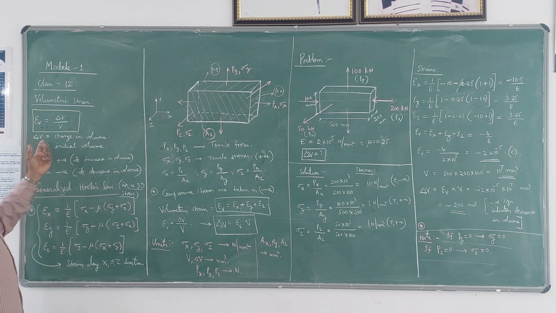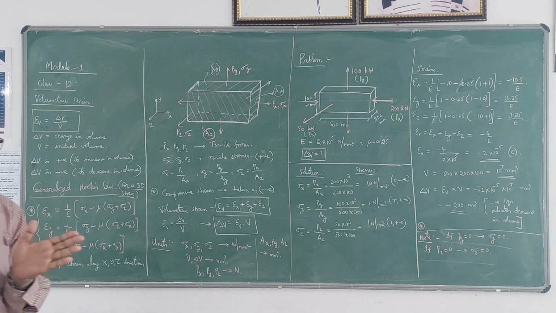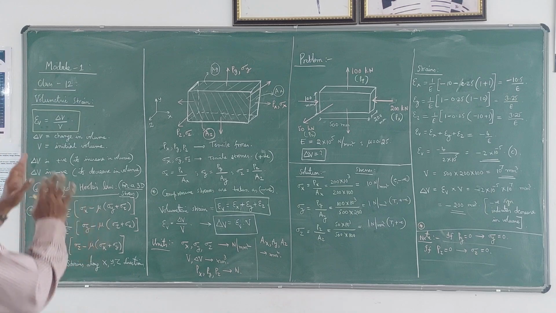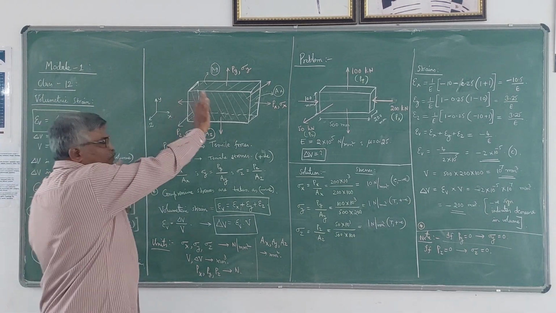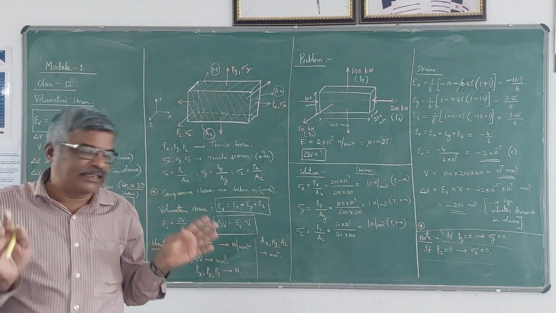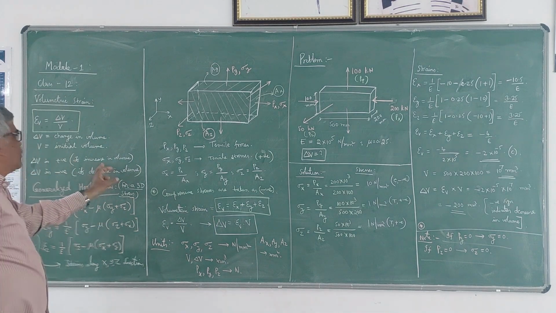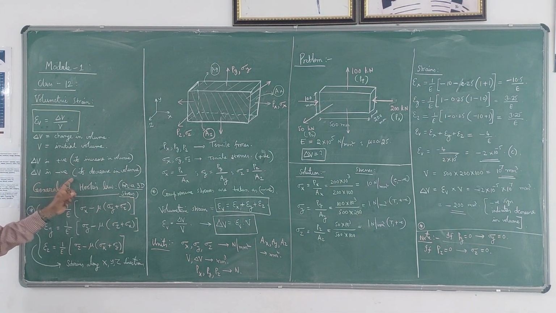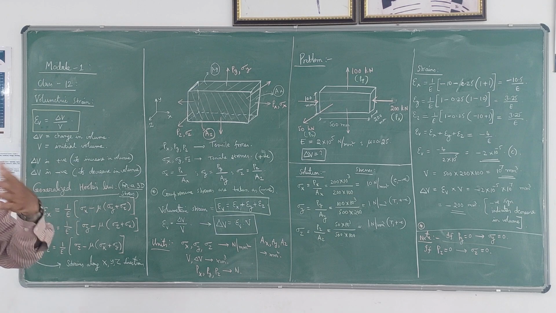So in this case, delta V is the change in volume, V is the initial volume. If delta V is positive, it means that the entire volume of the body has increased. That means there is an increase in volume. If delta V is negative, it indicates a decrease in volume.